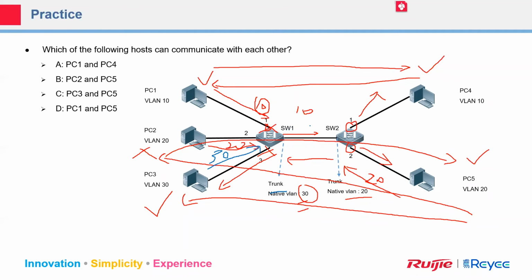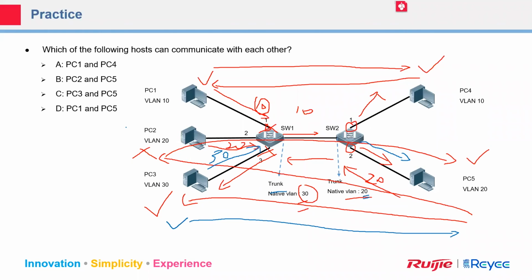So when switch 1 sends out without the tag information, switch 2 receives it. Switch 2 will add the VLAN, right? Add VLAN 30. And then when switch 2 receives this packet, we add VLAN 20. Finally, the packet can be sent out to PC5 because this interface also belongs to VLAN 20. That means if PC3 sends a message to PC5, it also can succeed.